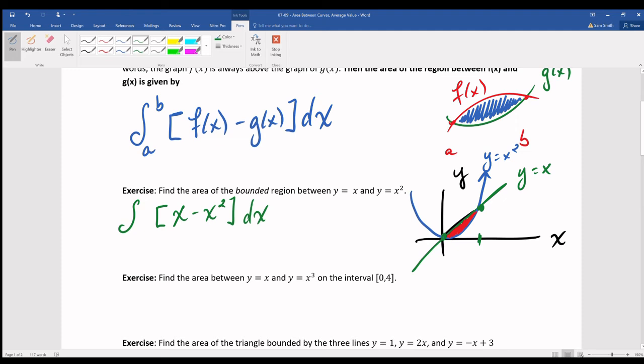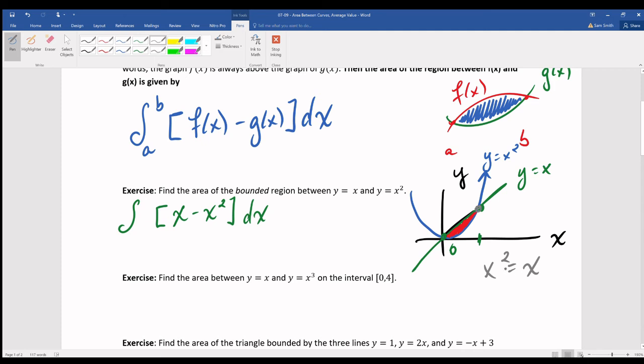Now I think the graph reveals that the left-hand boundary of this shaded region is x equals 0. To find the right-hand boundary, I'm going to go ahead and set x squared equal to x to reflect the fact that these two functions are intersecting at this point.